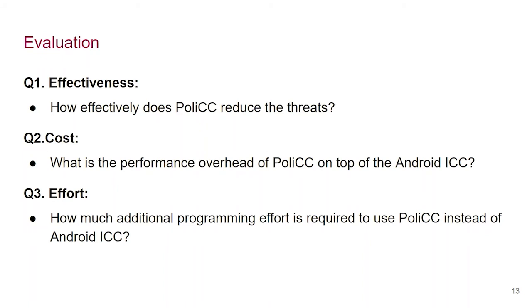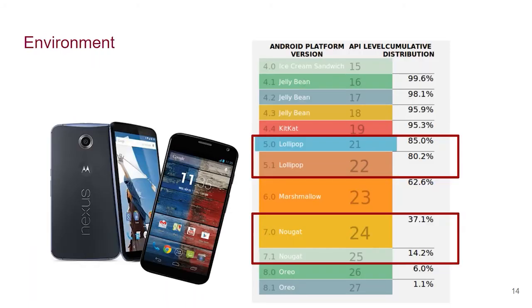Third, effort: how much additional programming effort is required to use PolicyC instead of Android SEC? We evaluate PolicyC on Nexus 6, Moto X, and Moto G2 with Android Nougat and Lollipop. These Android releases were the most widely used versions when we conducted this research.